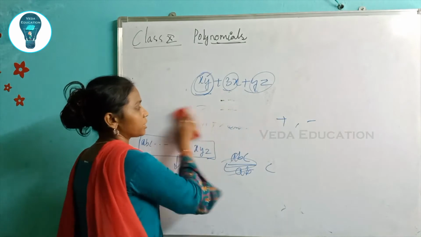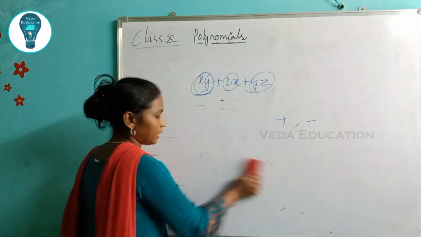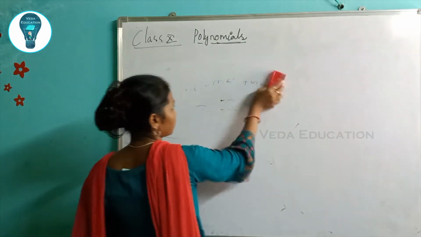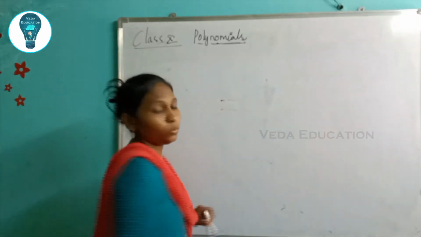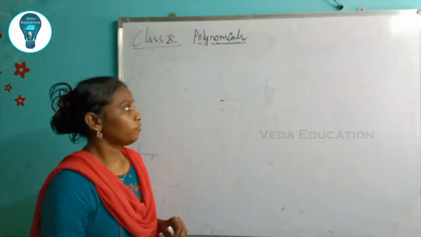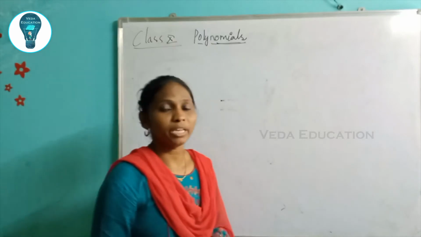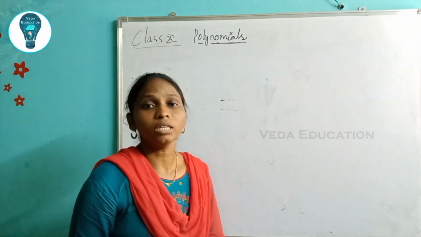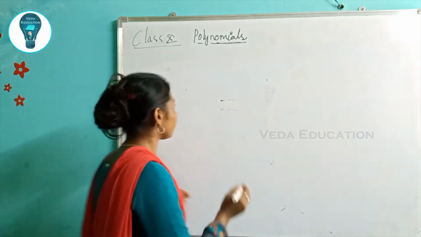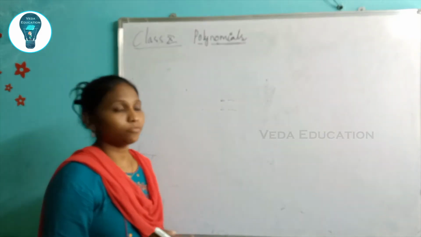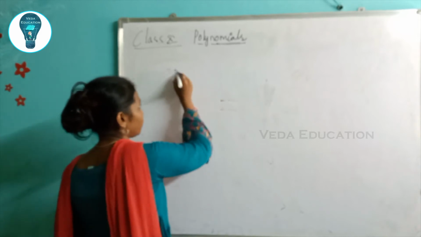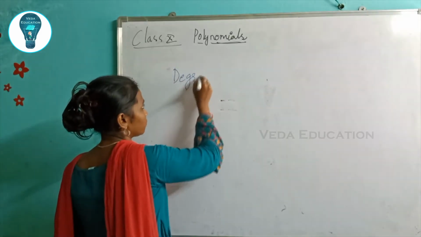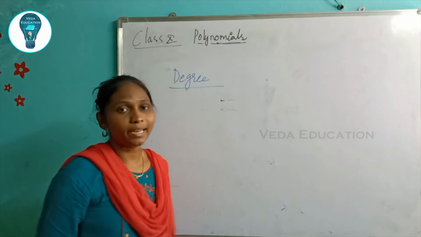Now next, how to consider degree. Before that, I am explaining what an algebraic expression is. An algebraic expression is two or more terms connected with a plus or minus. Now the degree of the algebraic expression. How to calculate the degree?